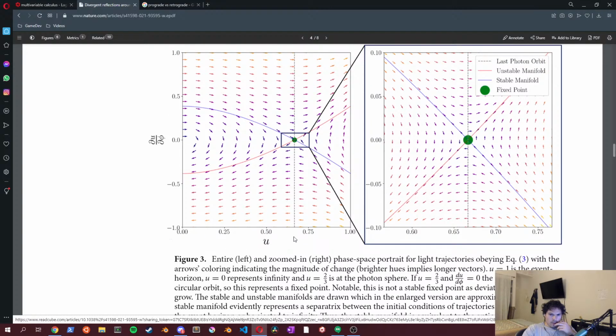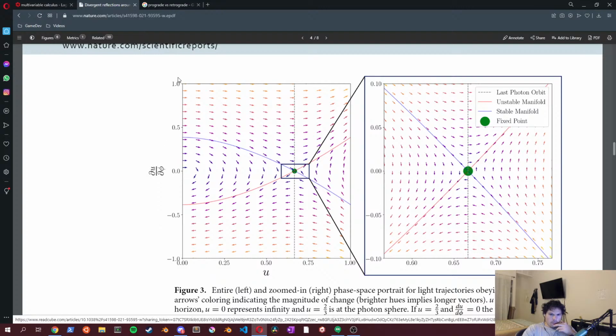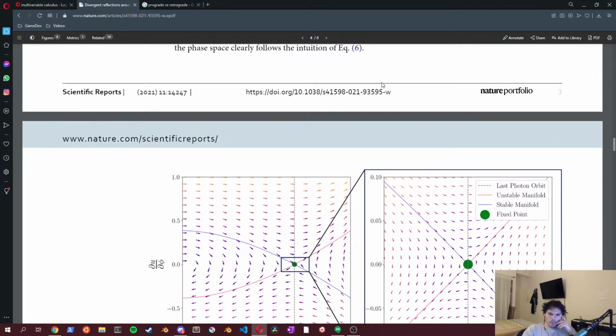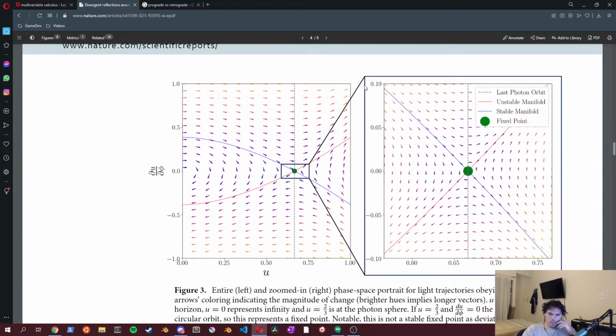So here they have the space of u and du dphi. Not sure why they do du dphi instead of just phi.